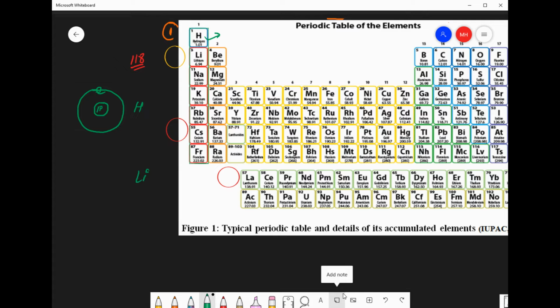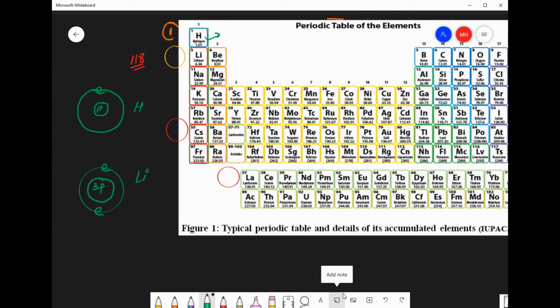Now let's see lithium. Lithium has three electrons, so this is the nucleus of lithium, with three protons and three electrons. The first shell can only handle two electrons, so I will write two electrons here.